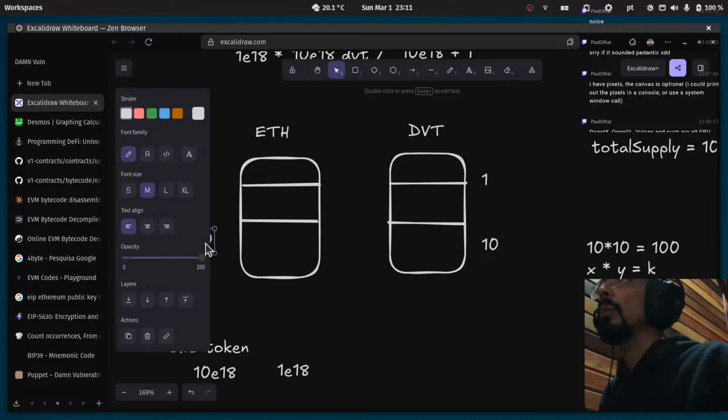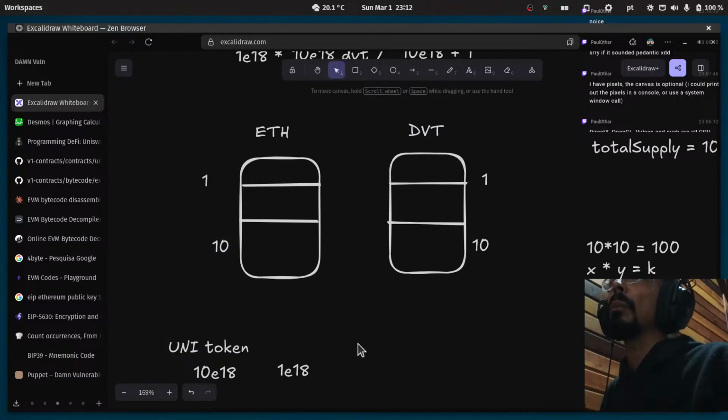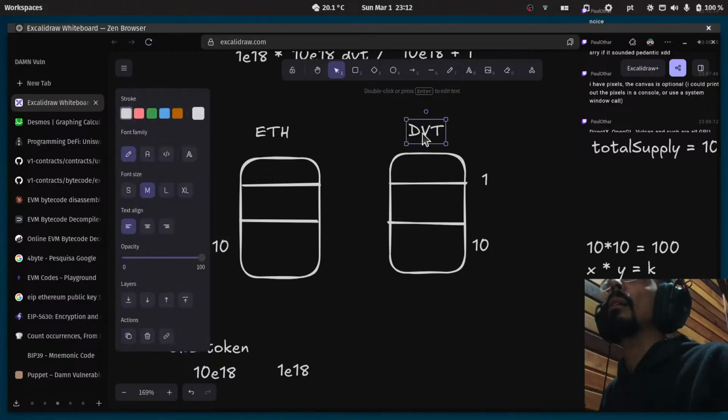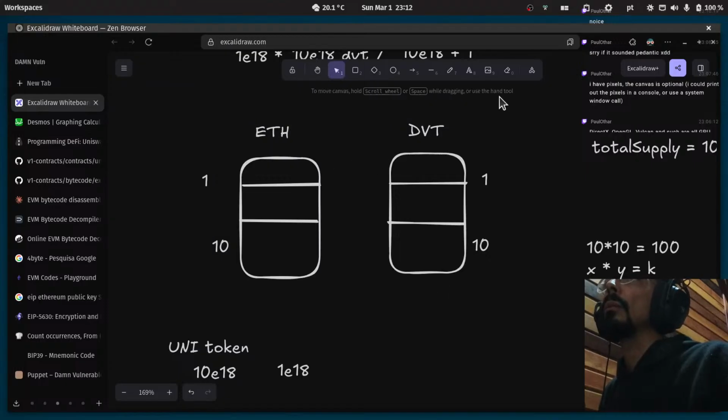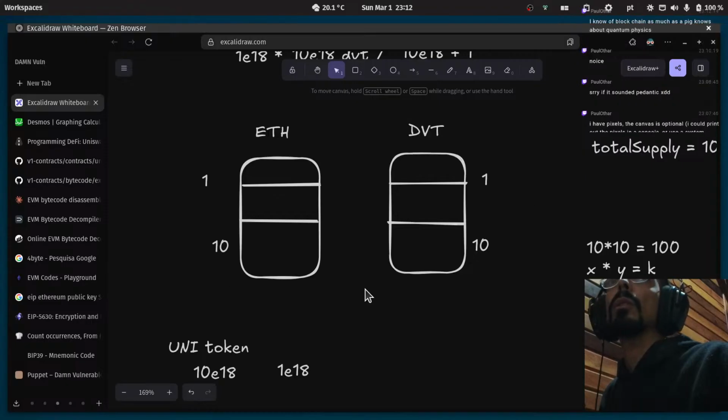Inside that pool, we put 10 Ethereum and 10 DVTs. So the pool exists to allow us to create an exchange where people can come here and buy DVTs, giving Ethereum in exchange, and so on. So they need to create a formula to make that work.